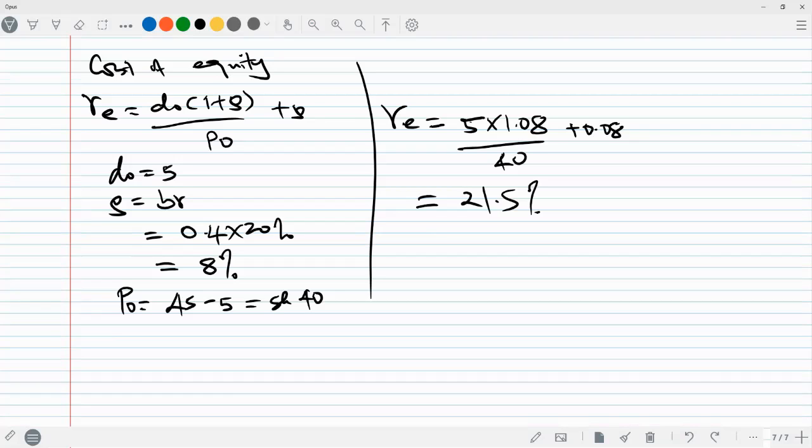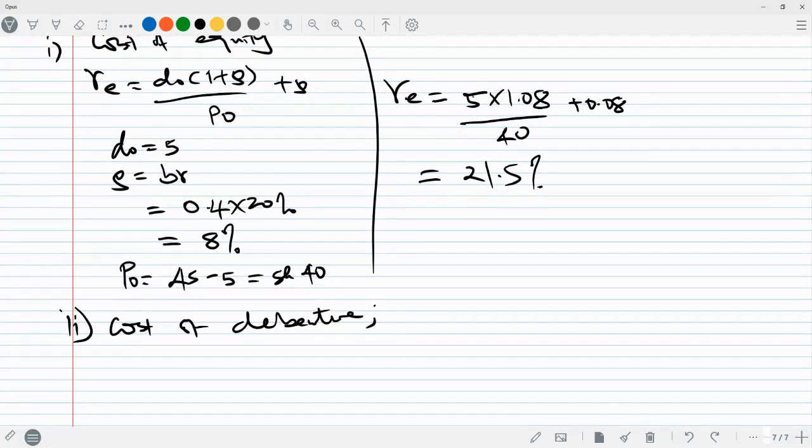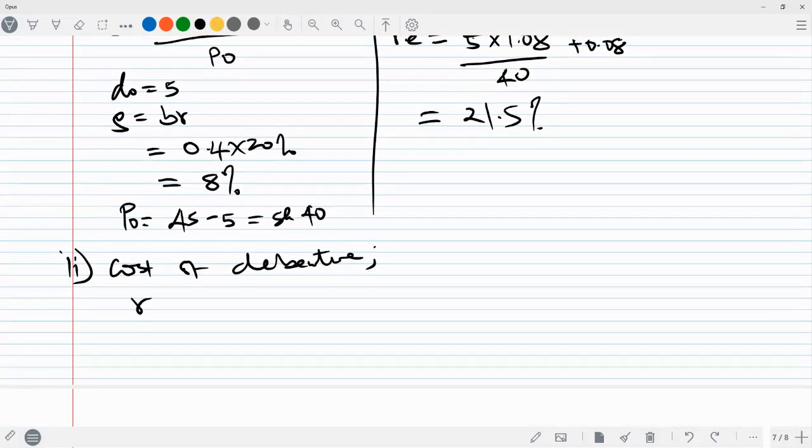Next, the company also has the debenture. So this was the cost of equity, now the cost of debenture. As per the capital structure given there, these debentures are redeemable.